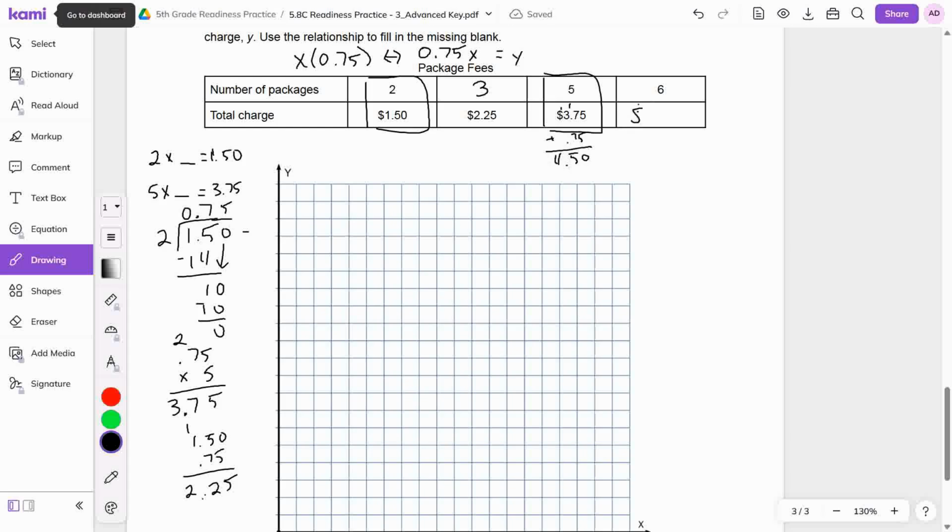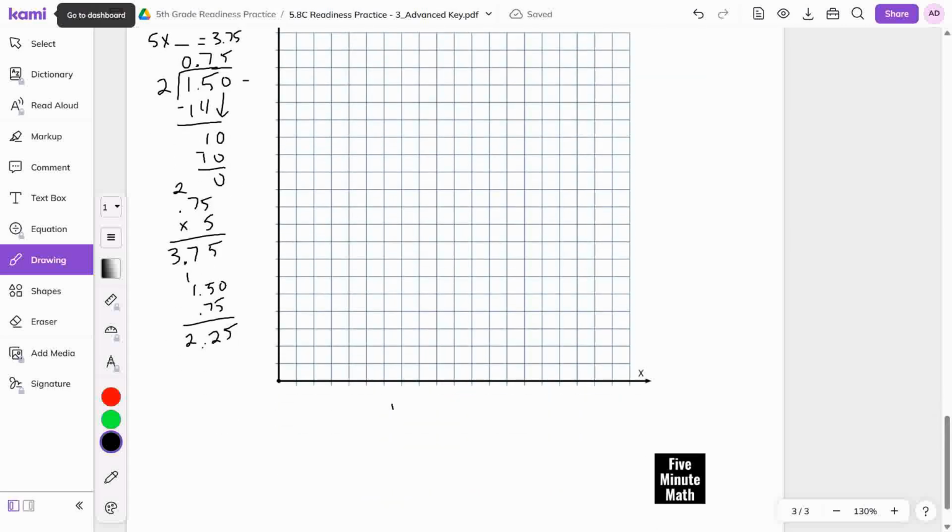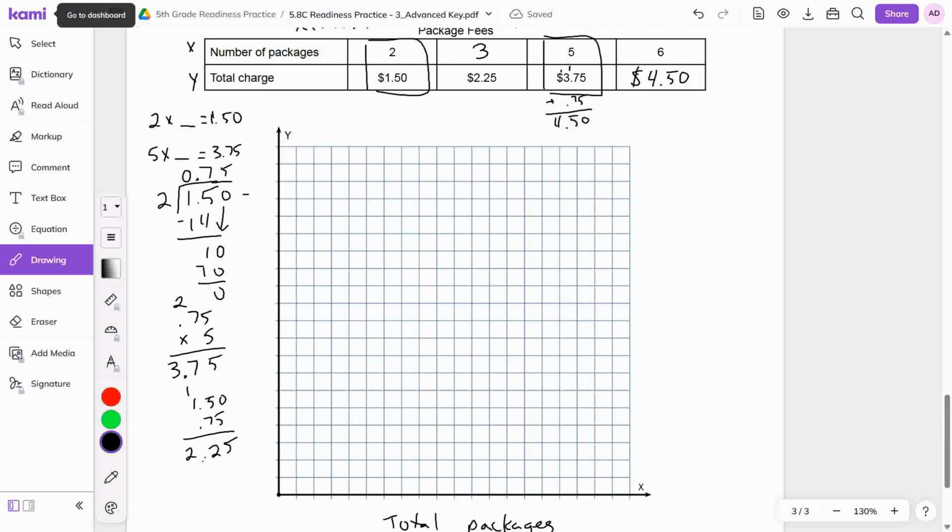All right, so 4.50. So I have my points here. This is my x value, this is my y value. So let's label them. Total packages is going to be my x, and then I'll put right here total charge is my y.